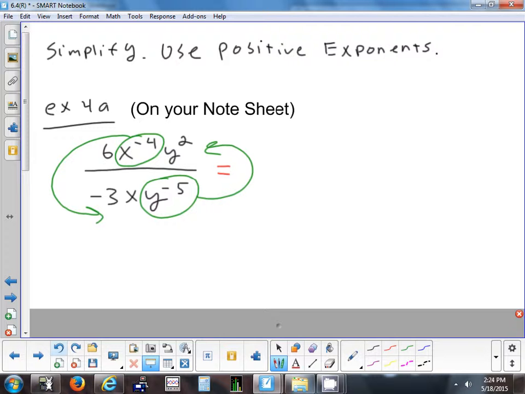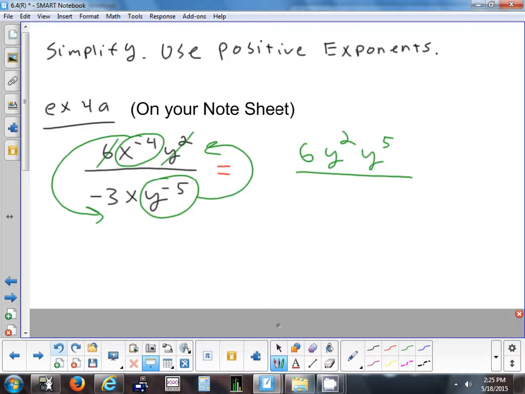So first thing I'm going to do is rewrite it, switching around what I just wrote. 6 is still in the top. y squared is still in the top. What else is going to go up in the top with it? y to the positive 5. Okay, so we wrote that.